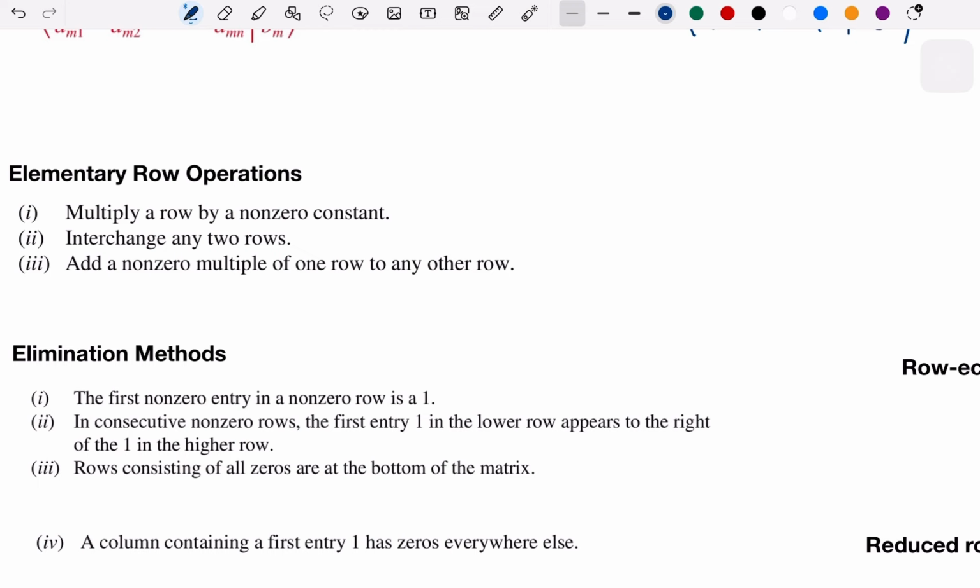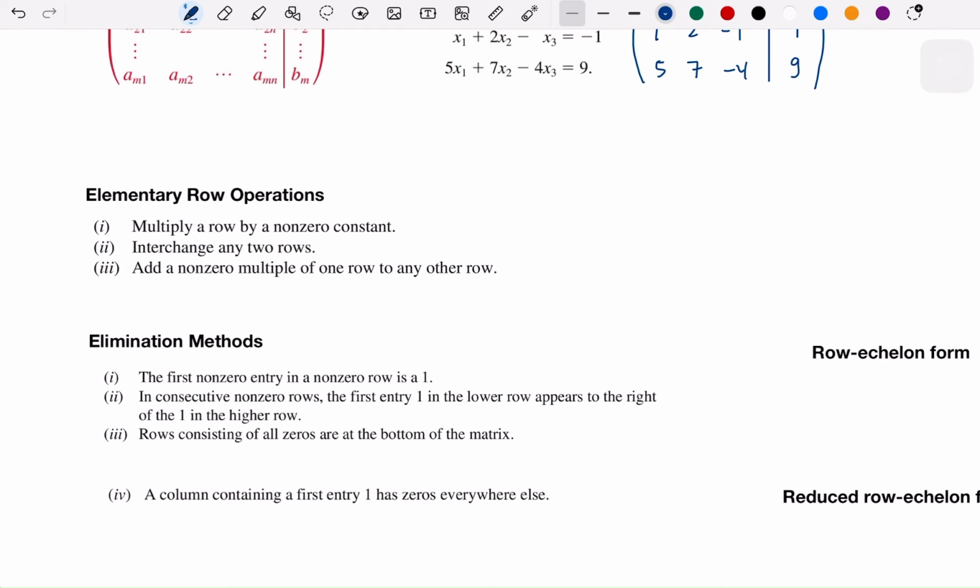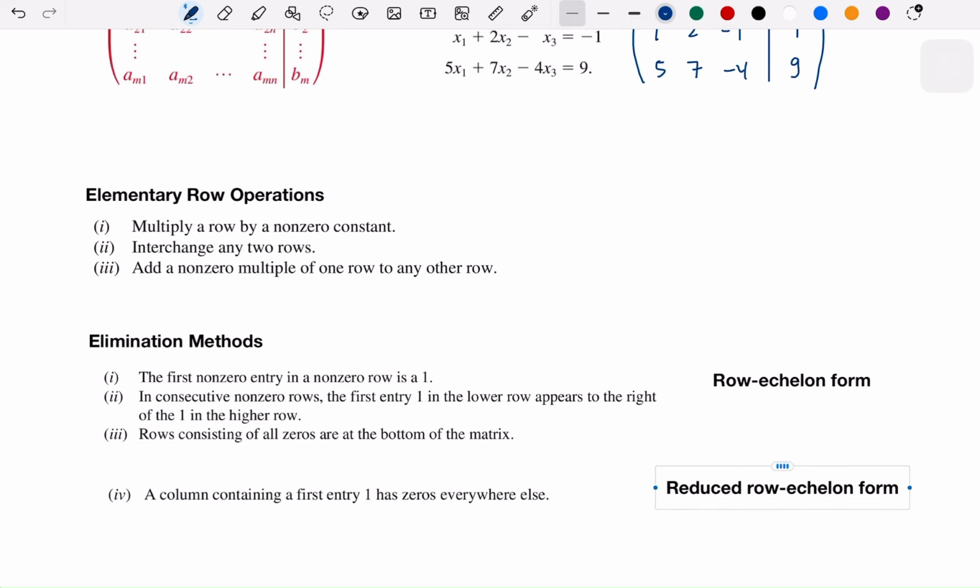So our target is the third one here. The row that is mostly 0 will be at the bottom of the matrix. We also call this, in another term, the row echelon form. And then we can reduce those row echelon forms into this number 4. Number 4 means all entries are 1 and the other part will be 0. Okay.